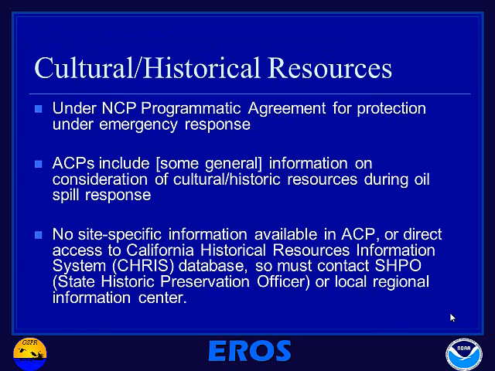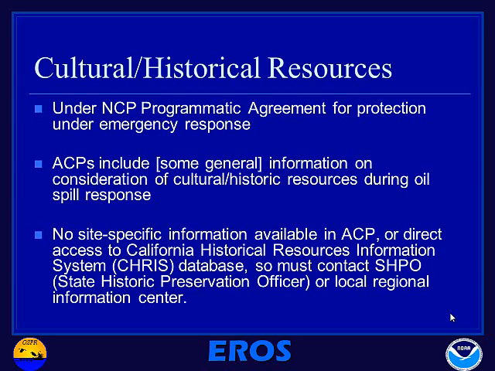Cultural and historical resources. Under the National Contingency Plan, there's a programmatic agreement for protection under emergency response. The area contingency plans include some general information on consideration of cultural and historical resources during OSPR responses, but there's no site-specific information there. That's kept with the trustees. We don't want to make any of that sensitive information public.